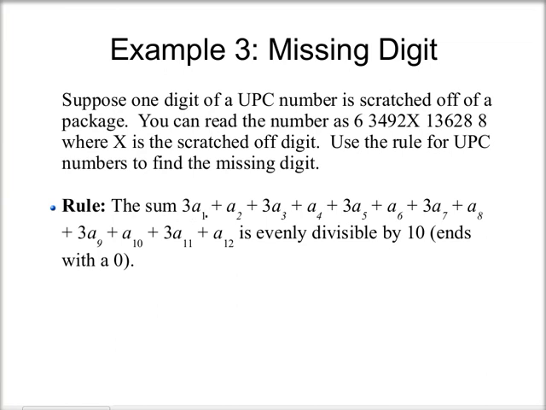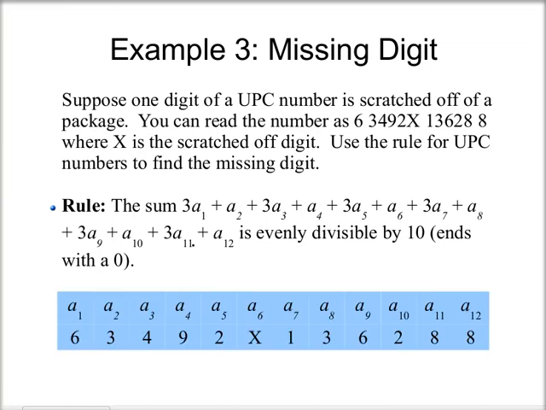I'm taking this weighted sum, and it should be evenly divisible by 10 or end with a 0. So first I'm going to label all of the digits of my UPC code. And I've done that here, so I've just rewritten the code so that I can clearly see what each number is. And I noticed that my scratched off number is A6, so I've got an X there.